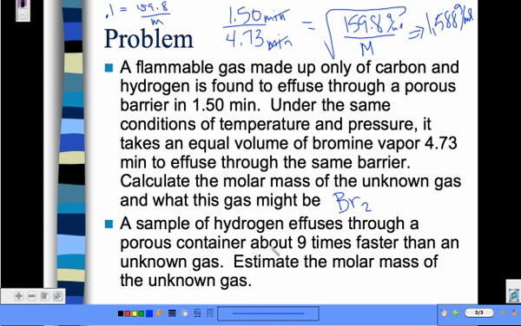Are you supposed to have the molar mass of bromine on the right or on the bottom? No, because we put the rate of bromine on bottom here, so it needs to go on top. I don't know.